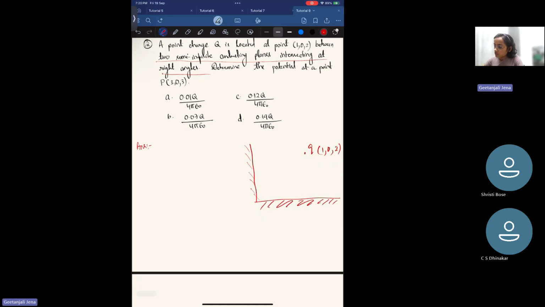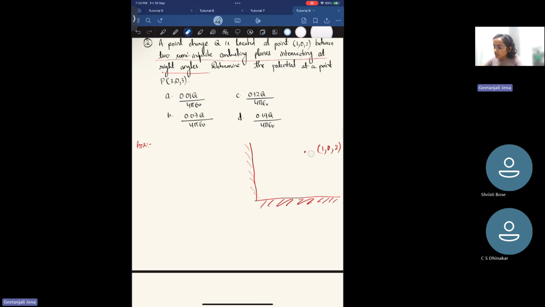So, image charges. This is capital Q. There will be minus Q at (1, 0, minus 2), and there will be Q at (minus 1, 0, minus 2), and minus Q at (minus 1, 0, 2).